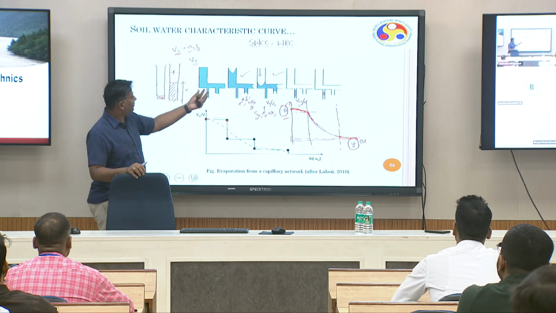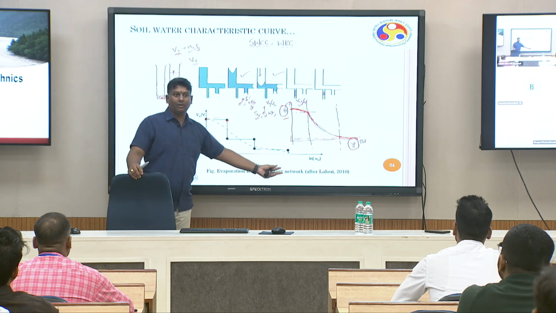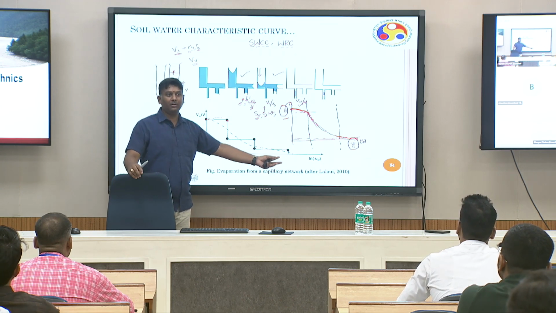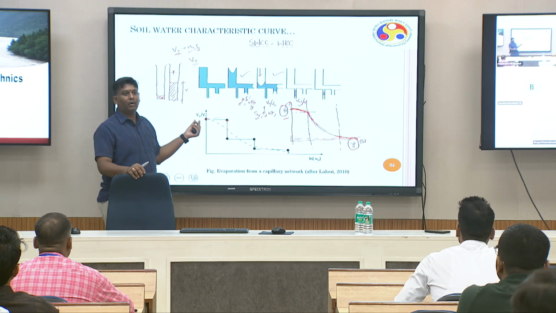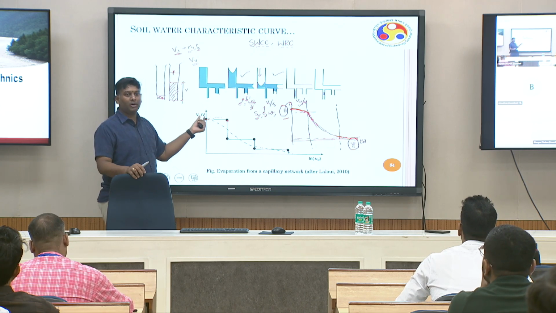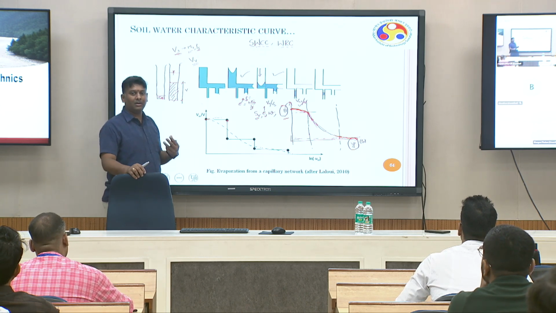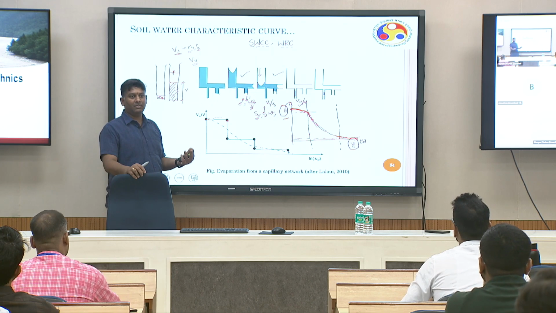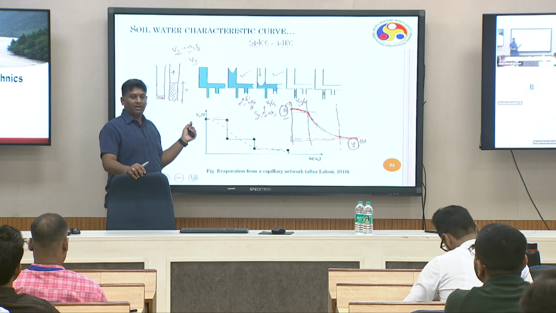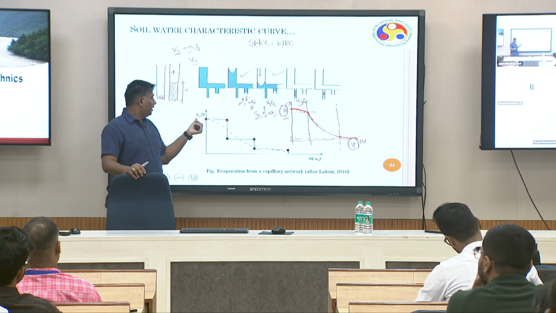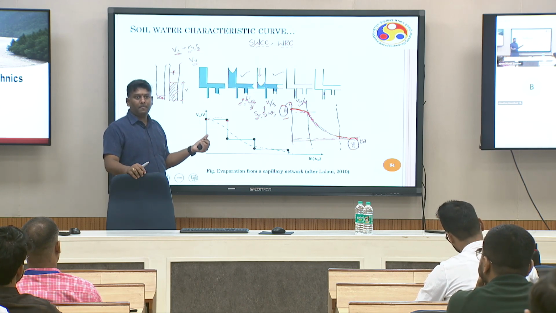Now, this can be plotted with negative pore water pressure on the x-axis. On the y-axis you have volumetric water content, which is volume of water by total volume. We are accustomed to using gravimetric water content, which is mass of water by mass of solids, but in unsaturated soil mechanics, we use volumetric water content for a reason which I'll describe after some time. This is volume of water by total volume, right?